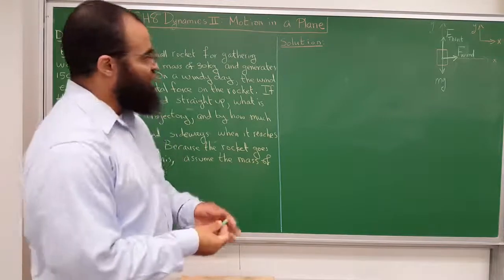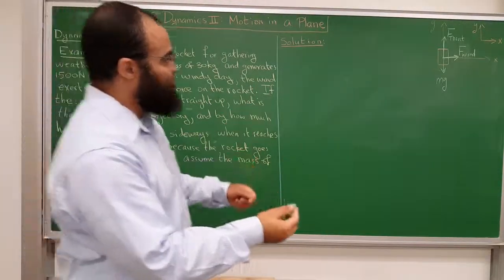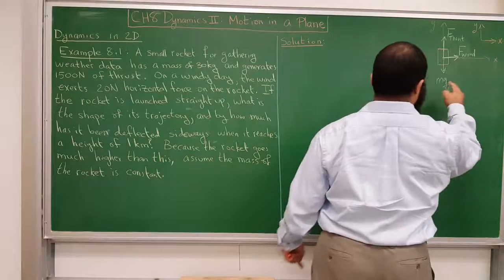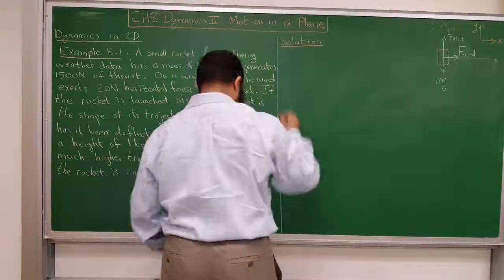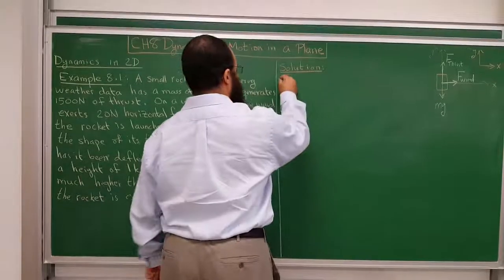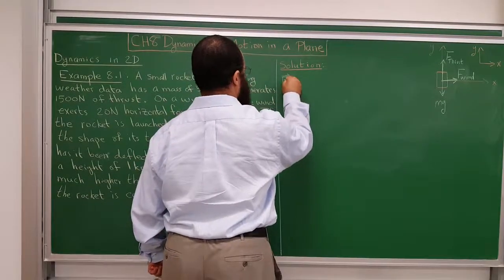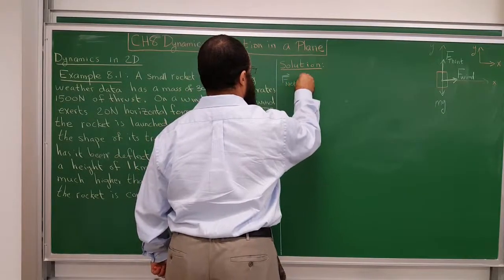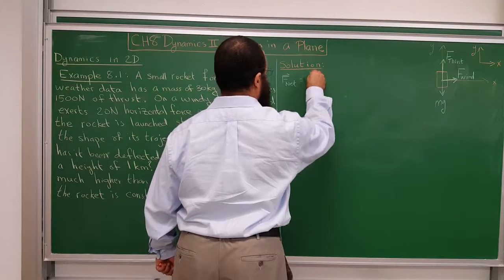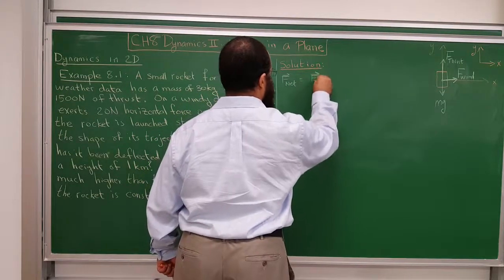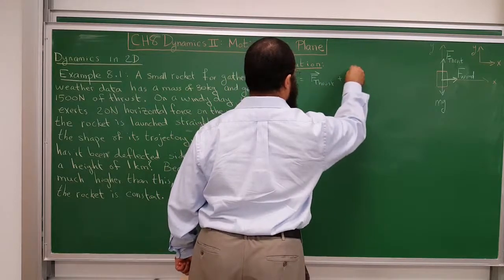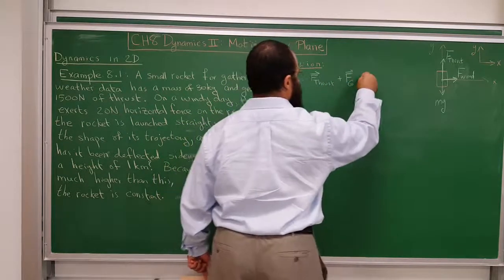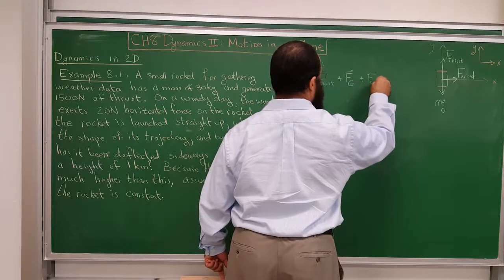If you like, the net force, let me just write it maybe once more. The net force will equal the force of the thrust plus the force of gravity plus the force of the wind.